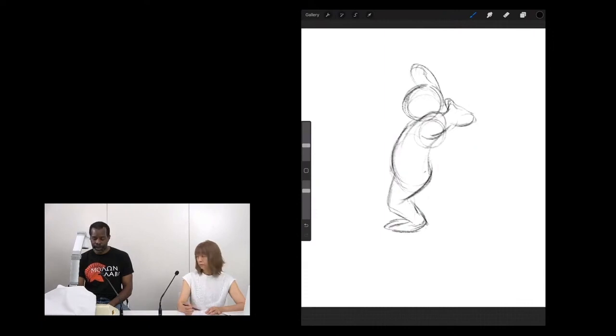We don't really know what's happening on the other side of the body, and we don't have a good sense of where the weight is. So I can make this even worse, actually.